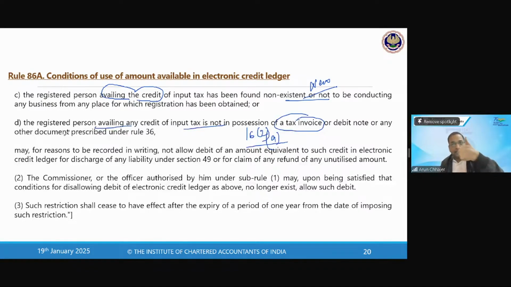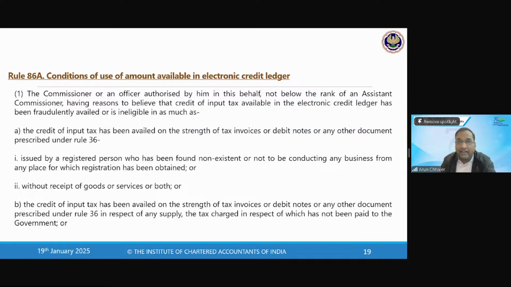Supplier is non-existent, recipient is non-existent, supplier has not paid the tax to the government, recipient has not received the tax invoice, or recipient has not received the goods. These are the 5. No, it is not that it simply appears. What word is written? Reason to believe. Remember, friends, reason to believe is much wider. Let's say I am a GST officer and if I need to take action on credit ledger blocking, in that case I have to have reason to believe. It is not that I just felt the ITC is not right, so block it.